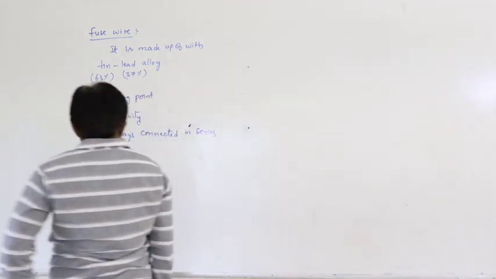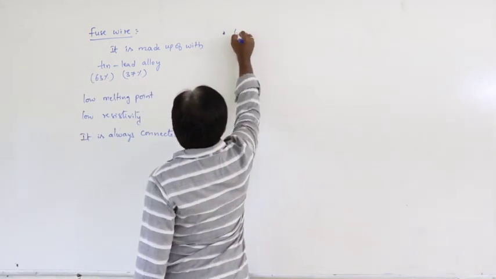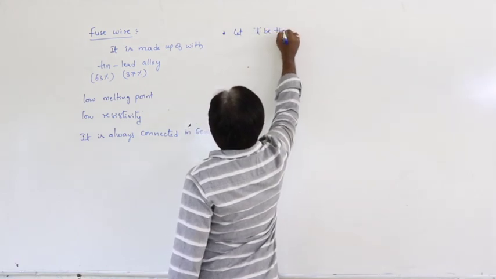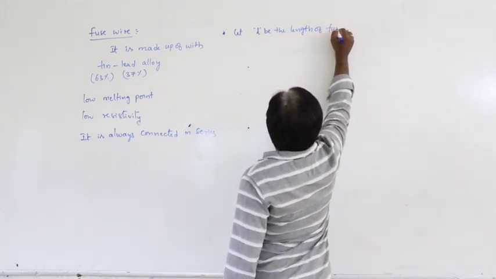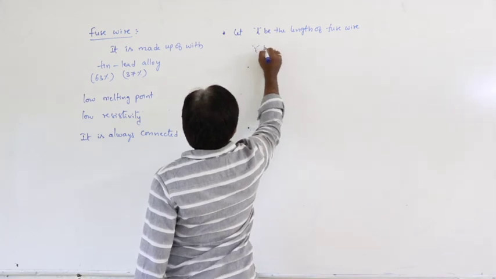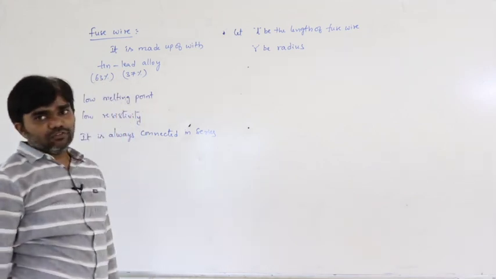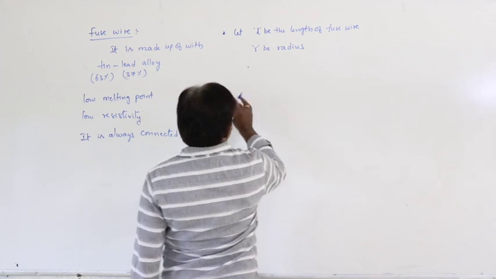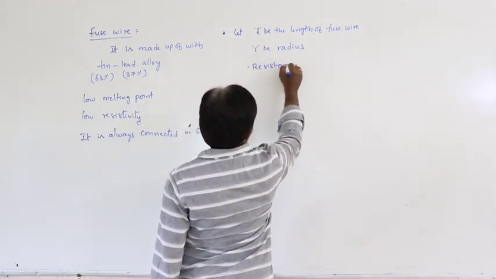See here. The main thing is, let L be the length of the fuse wire and R be the radius. Now, what is the resistance of the fuse wire?